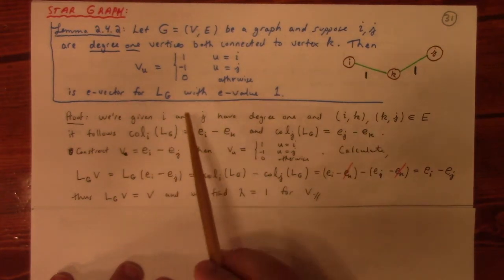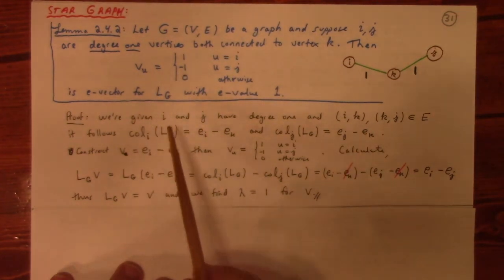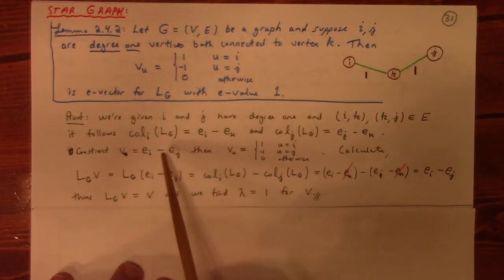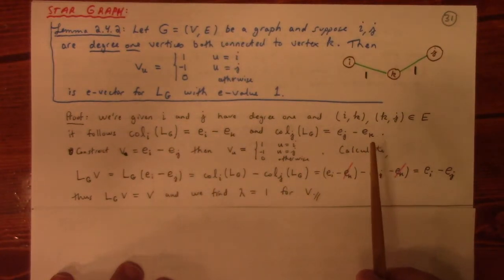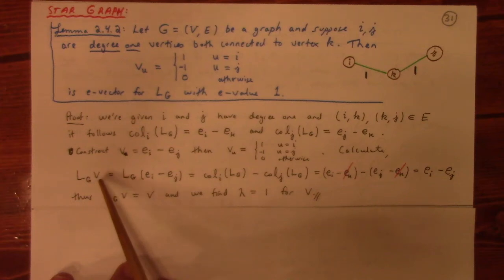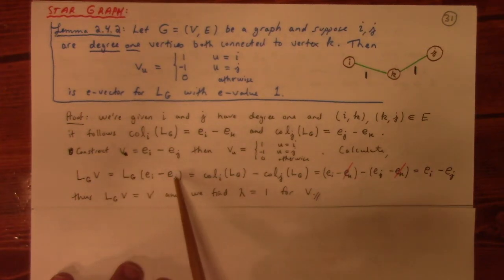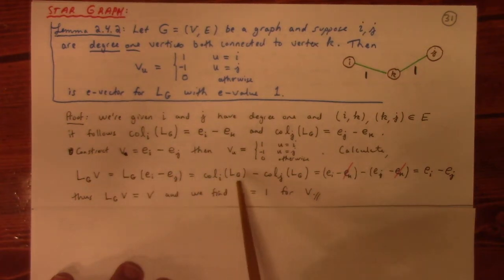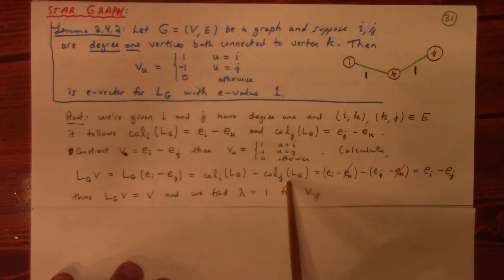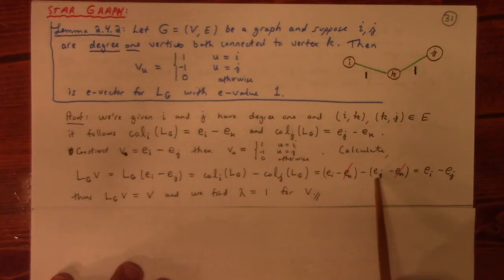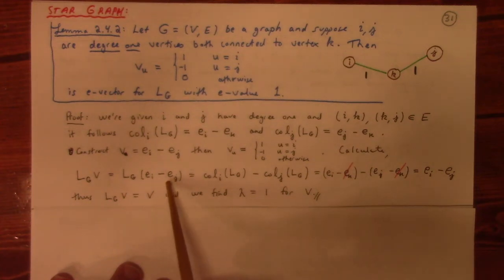But if you look at the v, that's really Ei minus Ej with the standard basis. And so if you calculate LG times this v, you get column i of LG minus column j of LG, which gives us Ei minus Ek minus parentheses Ej minus Ek, so the Ek's cancel. And you get Ei minus Ej again, which is what we started with, which means that LG v equals v.